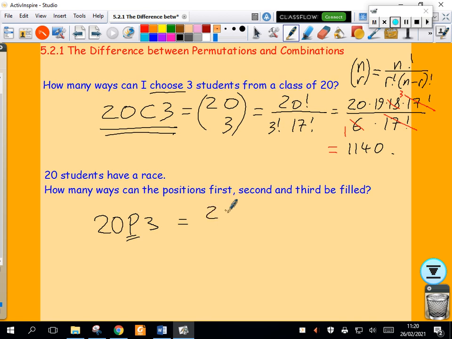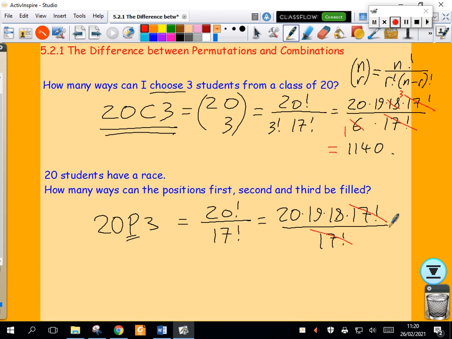So I'm talking about 20 permute 3. And that will be 20 factorial from our formula divided by 20 subtract 3, which is 17 factorial. Okay, and again 20 factorial, that's 20 by 19 by 18 by 17 factorial divided by 17 factorial. There's that nice cancellation that happens.